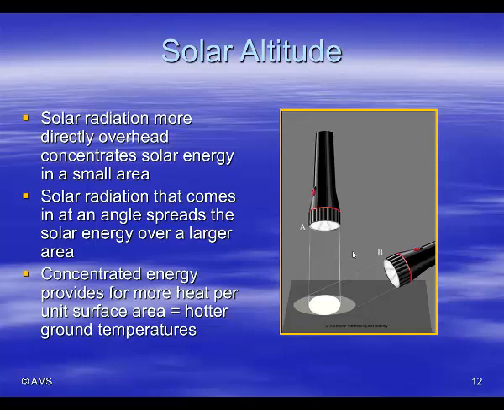This concentrated energy provides more heat per unit surface area, which would equal a hotter ground temperature. So you know when the sun's directly overhead, it gets very hot where you are.